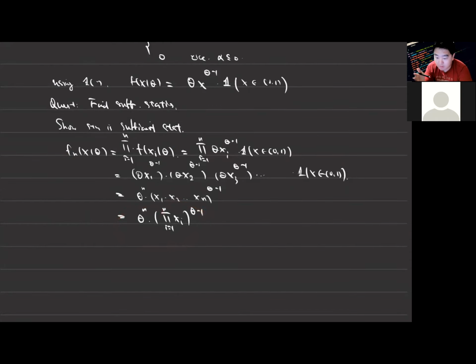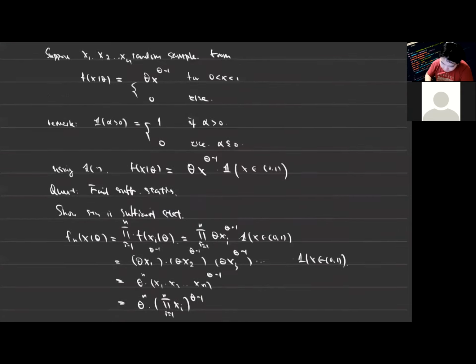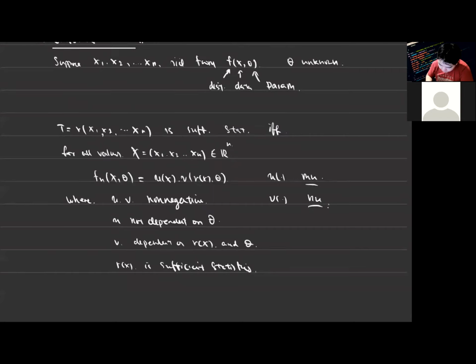Now it doesn't seem like we can continue from here. It kind of gets stuck here. When that happens, it's usually a good spot to check if you can directly apply the factorization theorem. What do I mean by that? You go to the factorization theorem, and you say, I need this piece, and when I write this piece, I need to make sure x is not in there, theta is not in there.